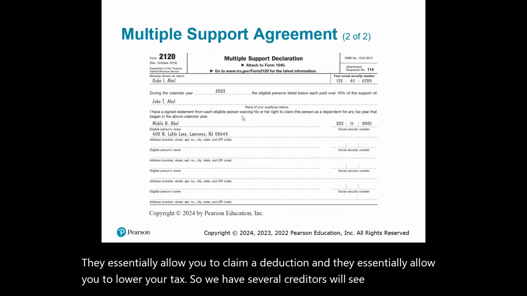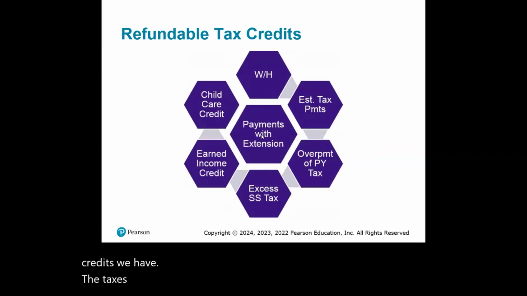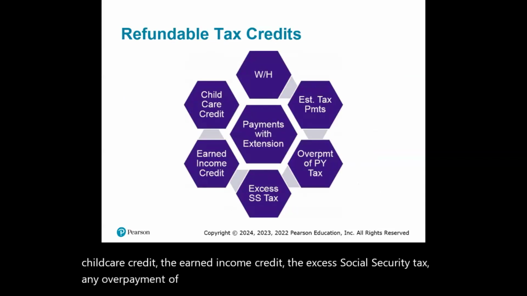Refundable credits include the taxes that have been withheld, payments made with extension, child care credit, the earned income credit, the excess Social Security tax, any overpayment of prior year tax, and estimated payments.